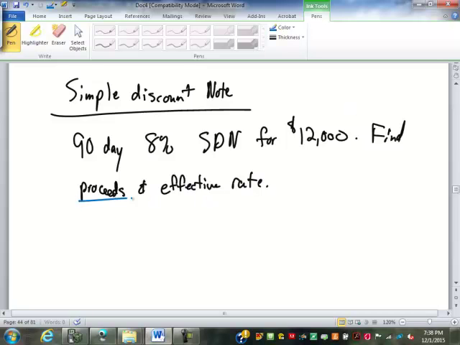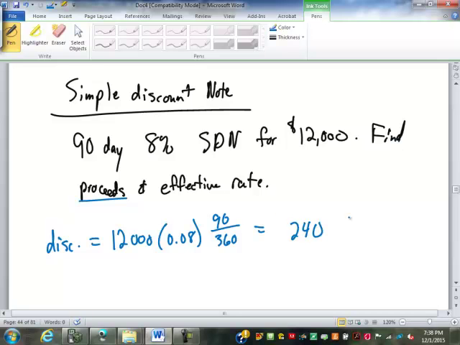So let's find the proceeds first. First, we're going to find the discount, which is the amount of interest. So 12,000 times 8% is 0.08, 90 over 360. Which is what? $240, am I correct?